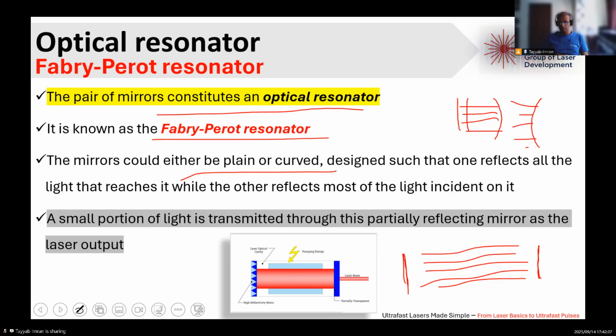Why is it supposed to be parallel? So that it utilizes all the light which is produced in between these two mirrors. If these are not parallel to each other, the light will not be trapped and it may go out. If it is like this, obviously light will go out, so it will not be trapped.